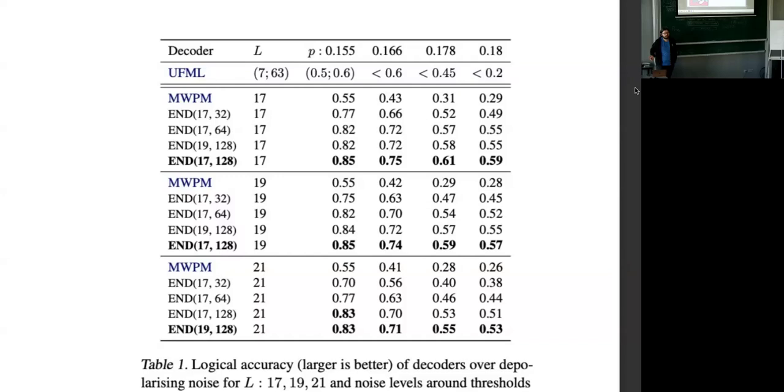But then of course the whole counterpoint is: good in what terms, right? In terms of threshold, maybe it's not very interesting, because maybe people don't want higher thresholds; they would like good results in a not so high noise regime, good and very fast, right?